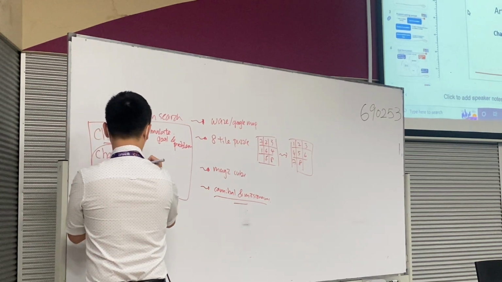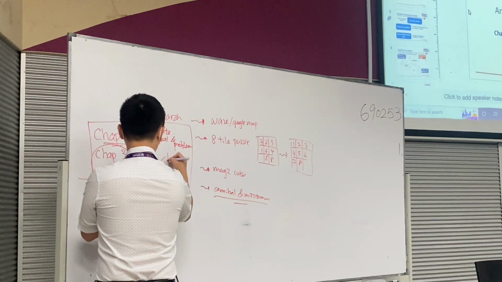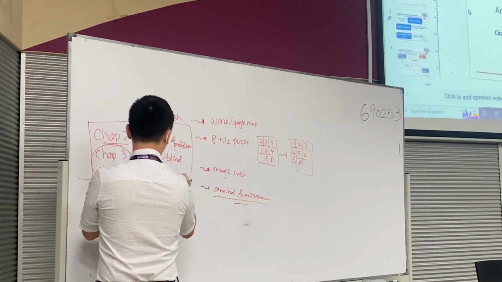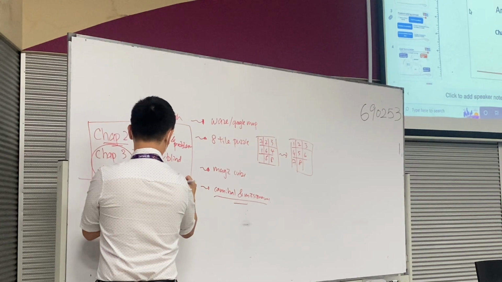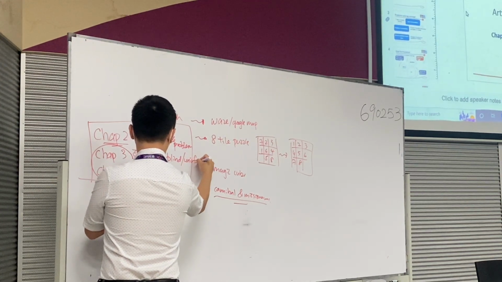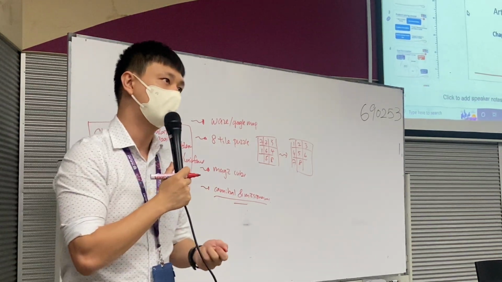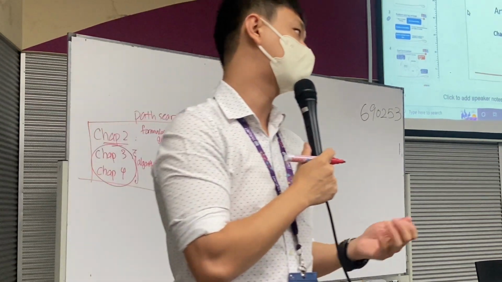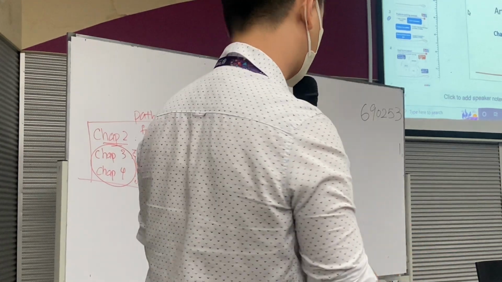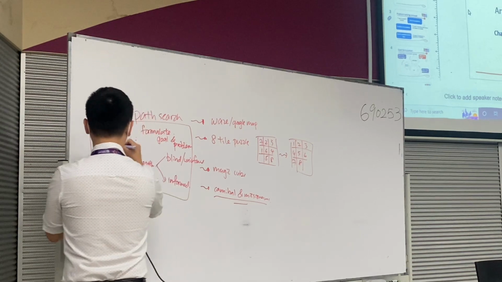It can be blind search, or it can be informed search. Chapters 3 and 4 we will leave for next week and the following weeks, weeks 3 and 4. So we will just focus on chapter 2 for now.